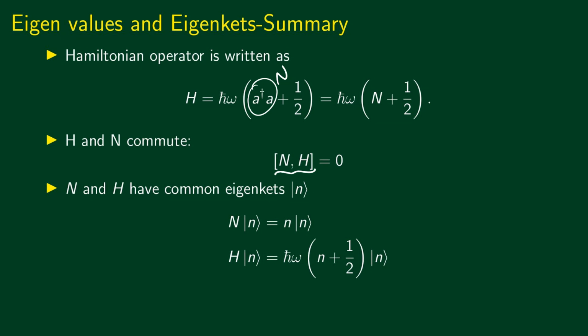So the eigenvalue equations are: N acting on ket n gives n multiplied by ket n, where the small n are the eigenvalues of the number operator. And H acting on ket n becomes h bar omega times n plus half multiplying ket n. So the energy eigenvalues are E_n equal to h bar omega times n plus half. We label the energy eigenvalues using the eigenvalue of the number operator.